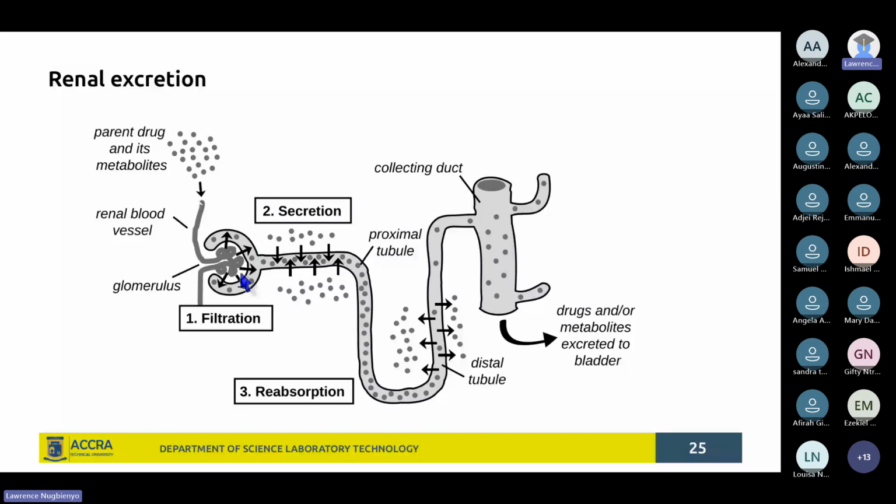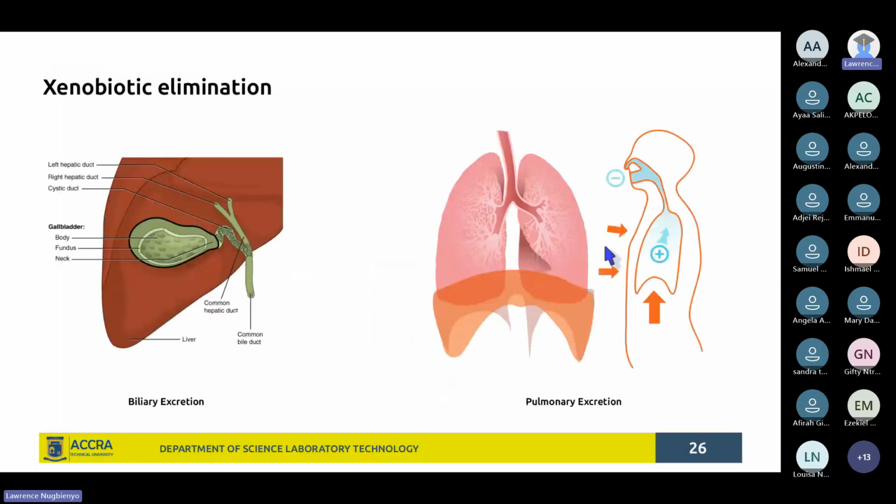Secretion occurs, and then you have movement of the substance all the way to the collecting duct, and from the collecting duct, the substance and its metabolites are stored in the bladder, and from the bladder they get excreted through urine. So this is sort of a revision. You want to understand how a substance gets excreted through urine.